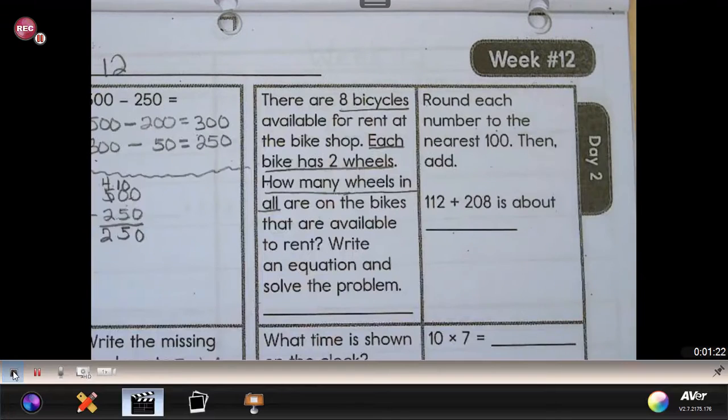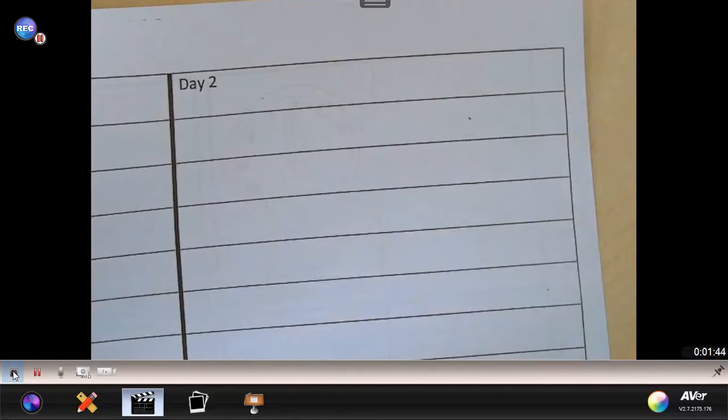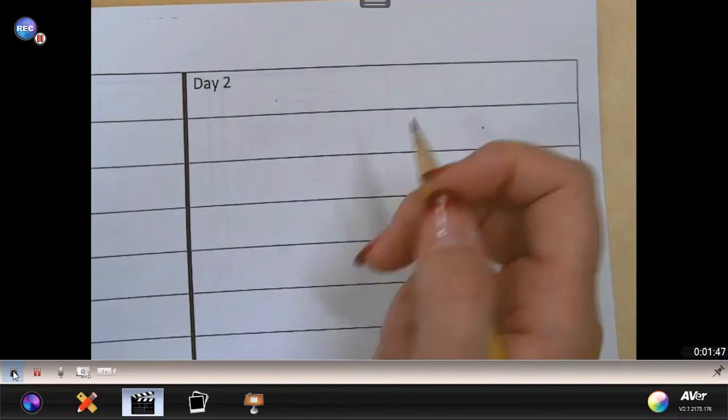So if we think about it, there's 8 bicycles, and there's 2 wheels on each bicycle, then we can figure out how many wheels in all there are on the 8 bicycles. Okay, so now, this is day 2, so we're going to look at the back side of this so we can write an answer statement.